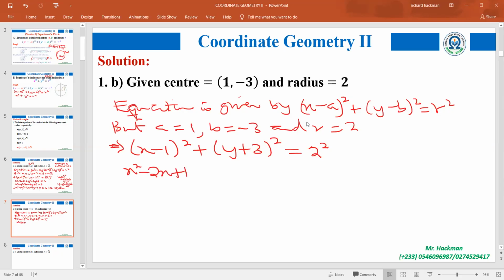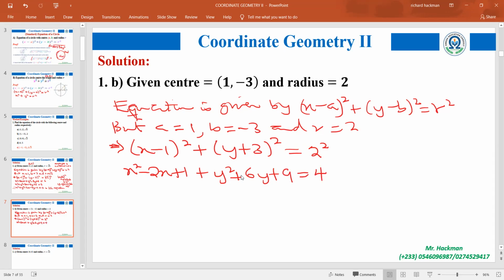Then help me expand this one too: y squared, plus 6y plus 9. Your second term should also be plus. Very good. It's equal to 4. As simple as that.